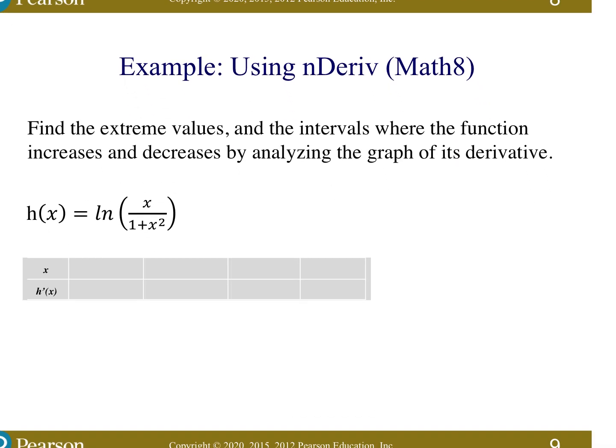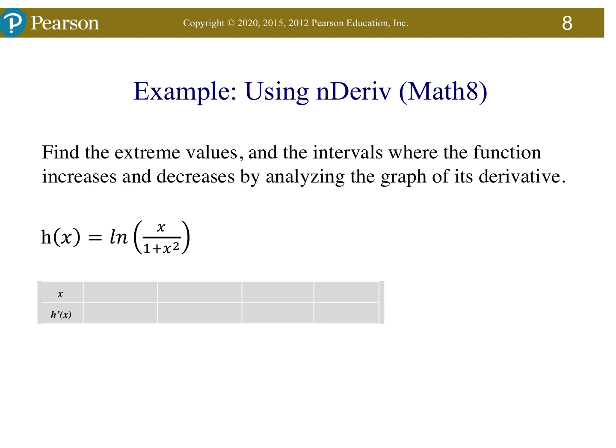Okay, now change your equation to this one. So you can just use your y1 again, and you can change it to this. You don't have to really change anything else. And then let's take a look at what this derivative looks like. And we'll sketch what we see.